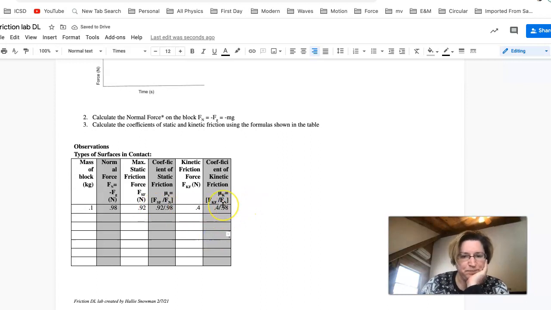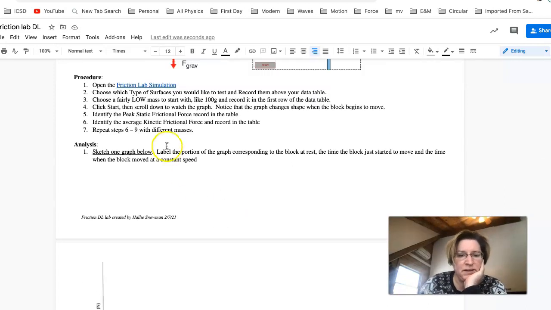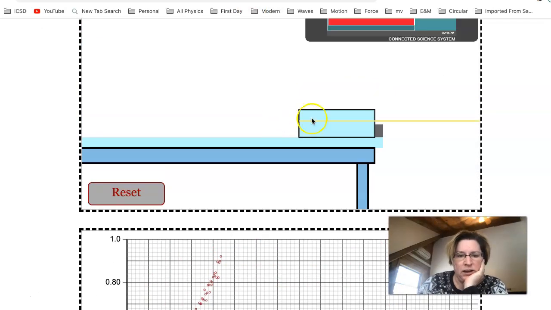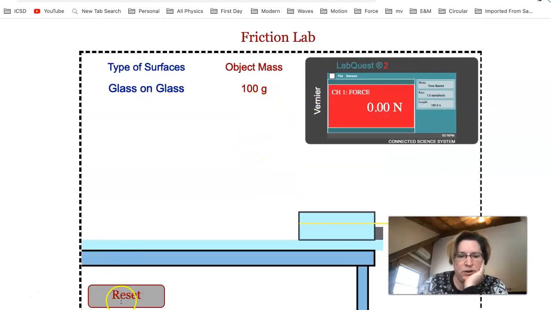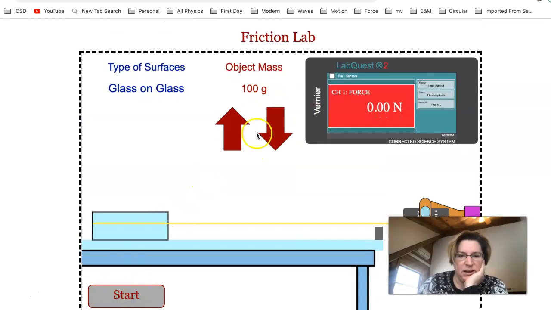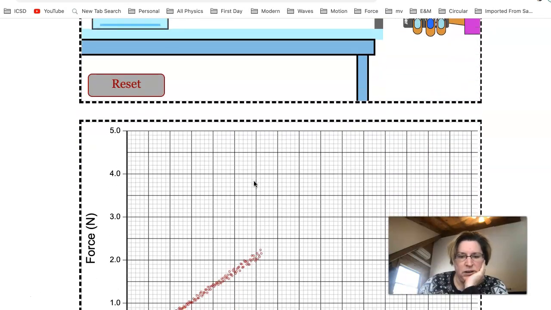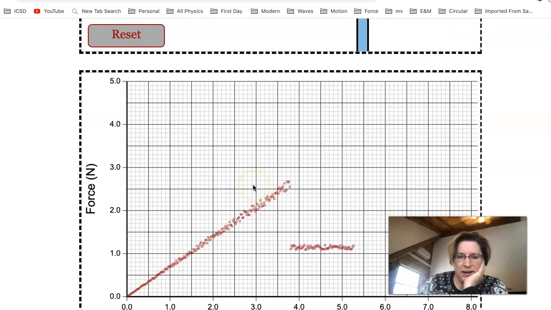Then you're going to repeat this with different masses. Go back in, reset it, choose a new higher mass, try it again, and get that data.